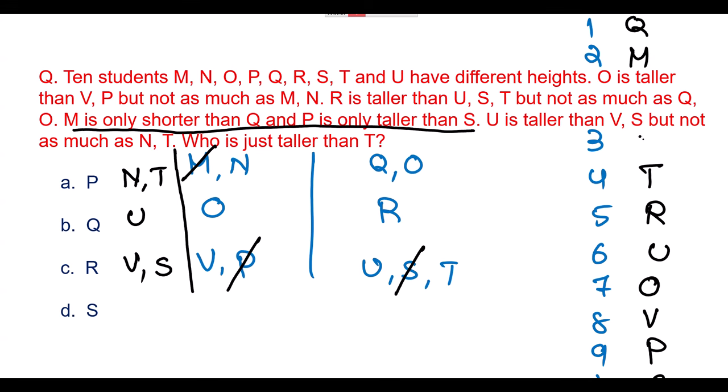This must be N. Now check, that is all trial and error. Are all conditions satisfied? First one, U above N and T, U below V and S, satisfied. O above M and N, O below V, P, satisfied. R above Q and O. Okay, R is shorter than Q and O. So that's not satisfied. I have to map it.